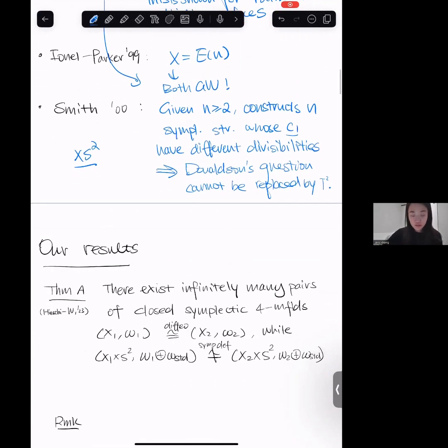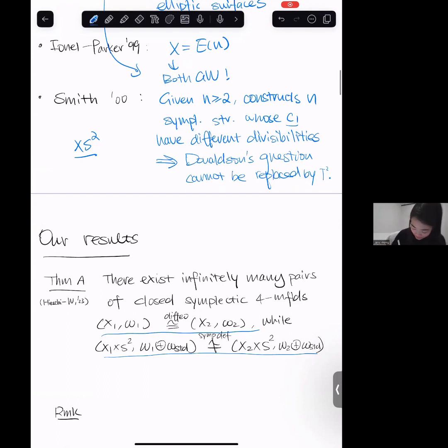And our result says there exist infinitely many pairs of closed symplectic manifolds that are diffeomorphic. Well, if you take the product, the symplectic forms remain non-deformation equivalent.